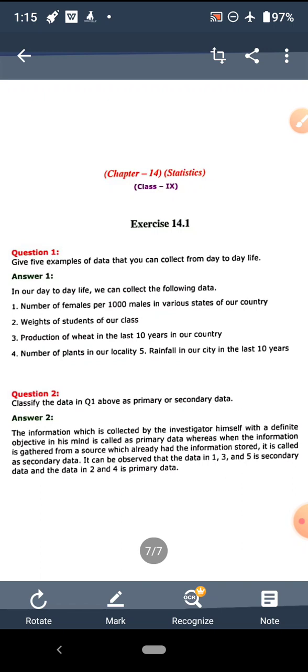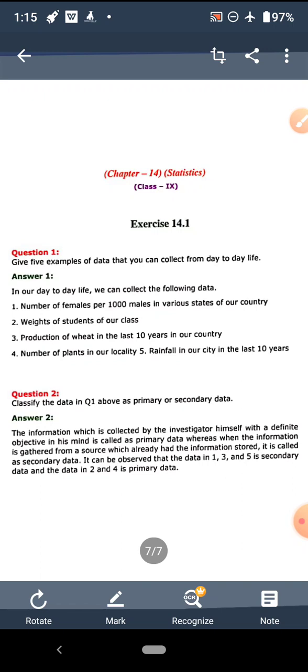Now question number 2, classify the data in question 1 as primary or secondary data. The answer is, the information which is collected by the investigator himself with a definite purpose or objective in his mind is called primary data, whereas when the information is gathered from a source which already had the information stored, it is called secondary data. So it can be observed that data 1, 3 and 5 is secondary data.